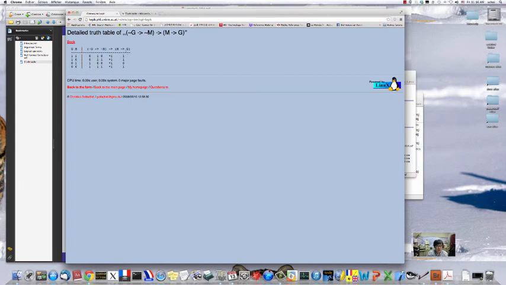So this is the value here. So we compare this column with this column. So we get 1 1 is 1, 1 1 is 1, 1 1 0 0 is 1, and 1 1 is 1. So it is always true. Okay, so this sentence is always true.